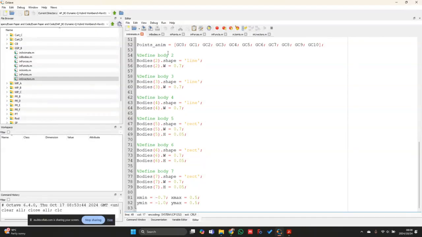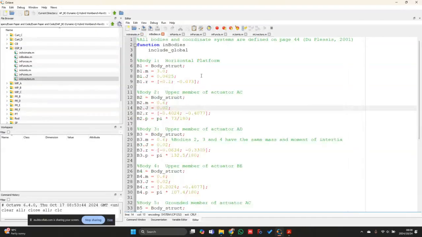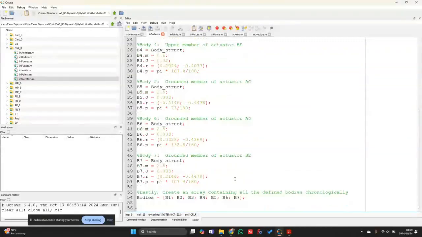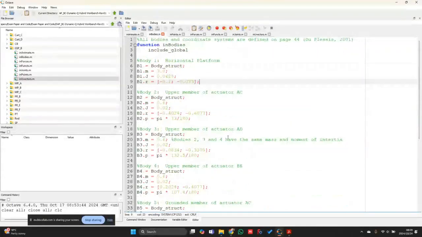So we can assume this is also fine. Then in in_bodies, we can see that these are simply constant values given as input. For bodies 1 through to 7, each of their masses, moments of inertia, and then their coordinates and starting angles are also given. So we can assume that this is also correct.